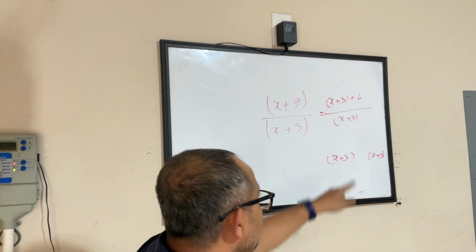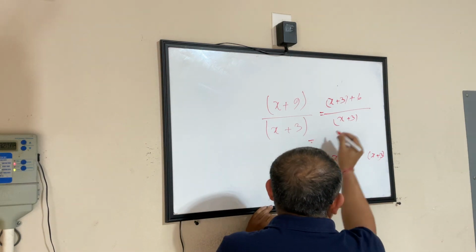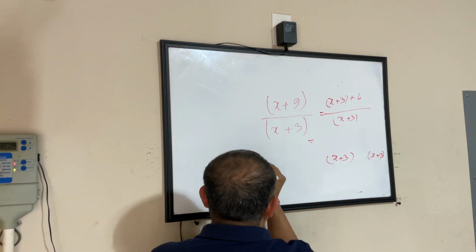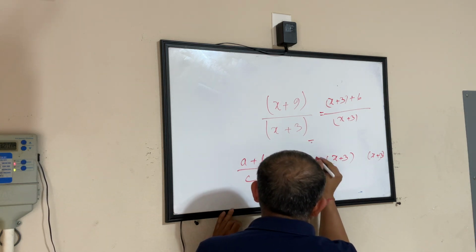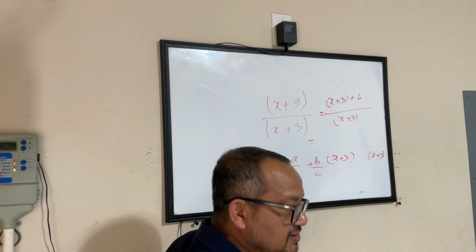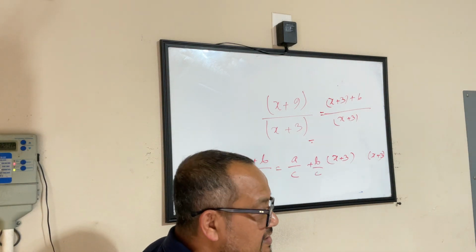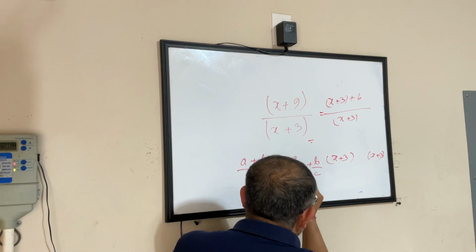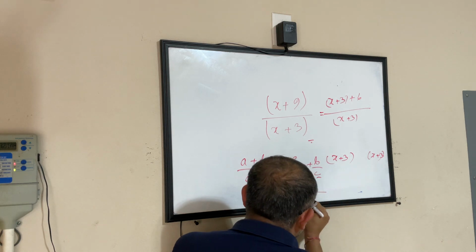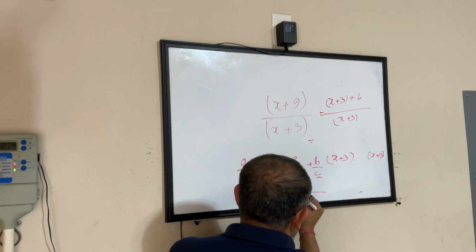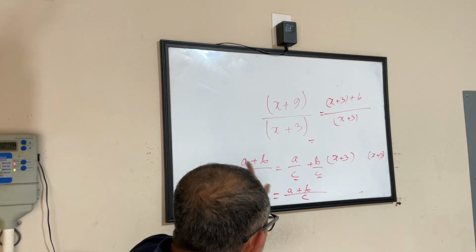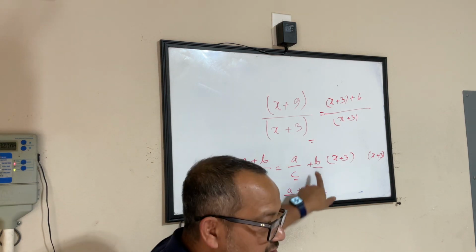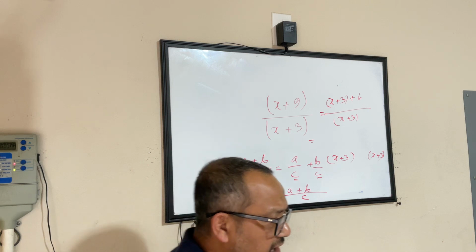Then you can use tic-tac-toe. Then that means it's like (a plus b) by c equals a by c plus b by c. If you remember how you do fraction addition, you take the LCM of the denominators. Here both are the same, so the LCM is this, so it becomes a plus b. Correct? The same thing applies here also. (a plus b) by c equals a by c plus b by c. That's how you break it.